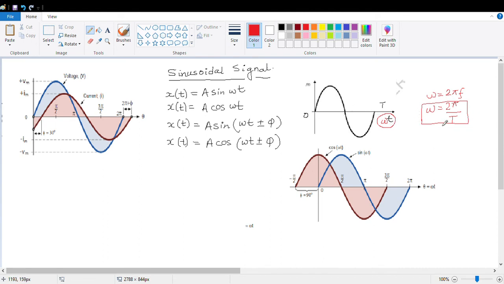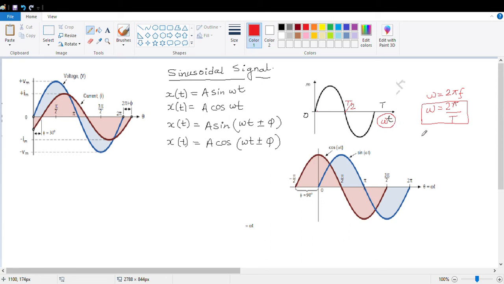Initially, with the t axis, the midpoint was capital T by 2. Now when we are determining it with omega t, what values can we get?